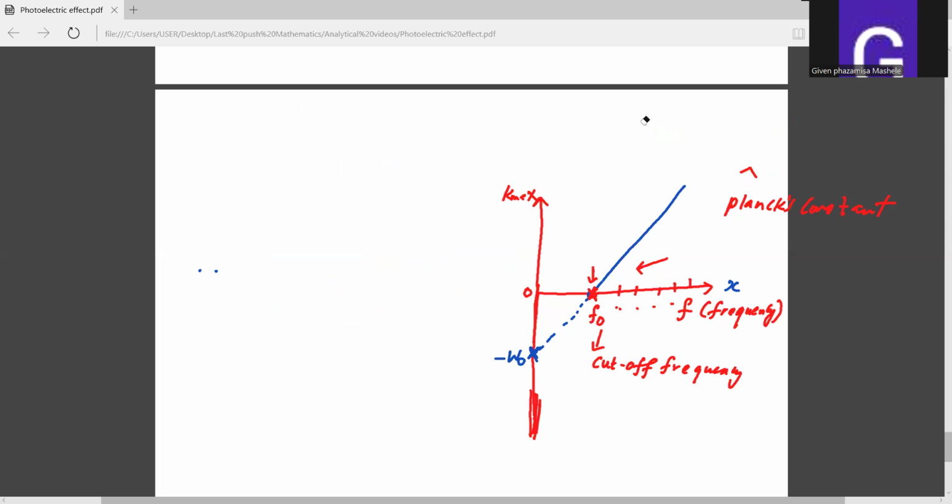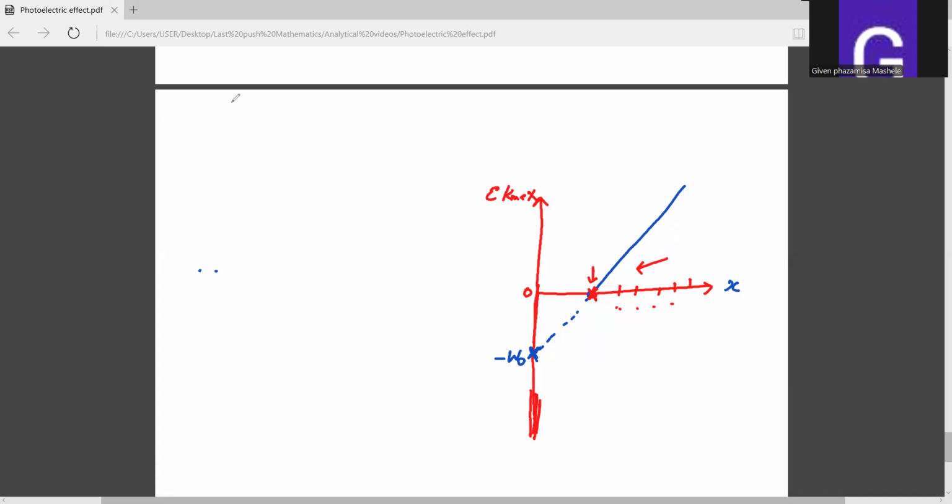Not the frequency, but the wavelength. Let me show you. Kinetic maximum is still there. We do not change it. This is the EK max. Now we're talking about wavelength.